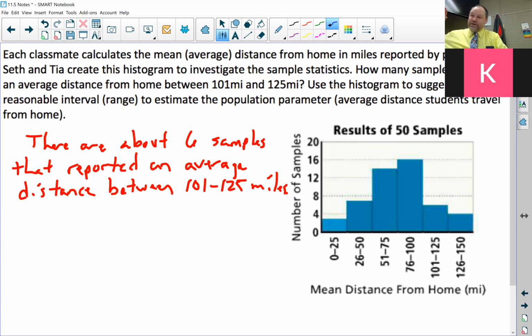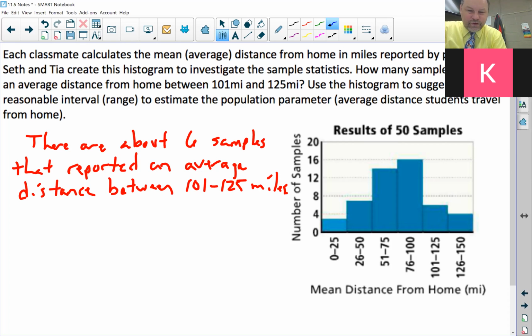So if we surveyed every student in that college and calculated the average distance they are from home, where would that be? And, you know, I think a lot of times we look at that and we want to say, oh, I think it'd be between 76 and 100. But that might not be a big enough range to include the actual average. So what we want to do is pick a range that includes almost all of the data.